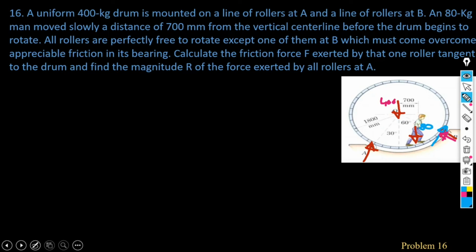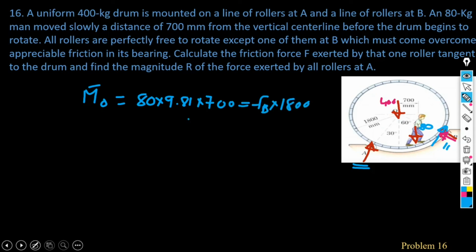This is the normal force at A, and this is also the normal force at B and the corresponding friction force at B. Let's take moment about point O, then 80 into 9.81 into 700 is equal to F into 1800, implies friction force is equal to 305.2 newtons.